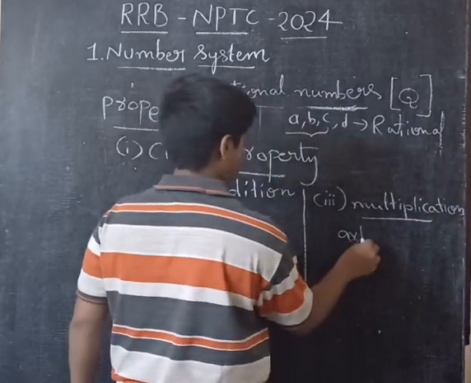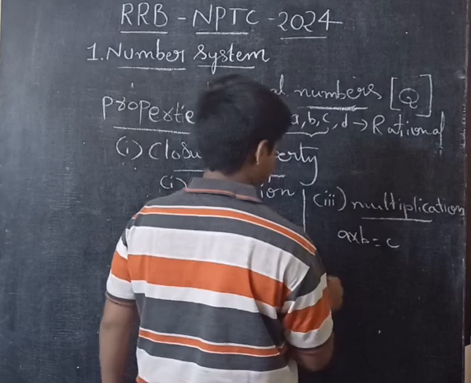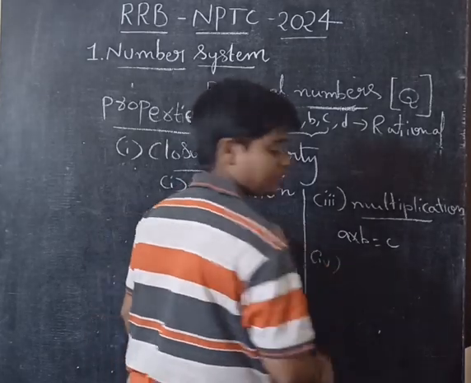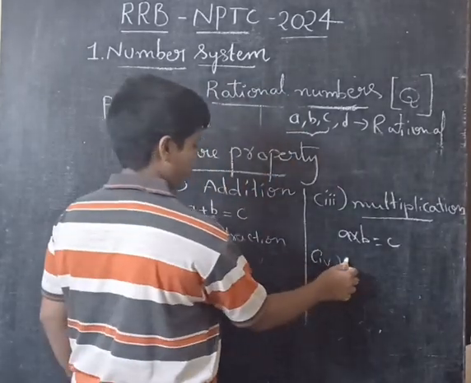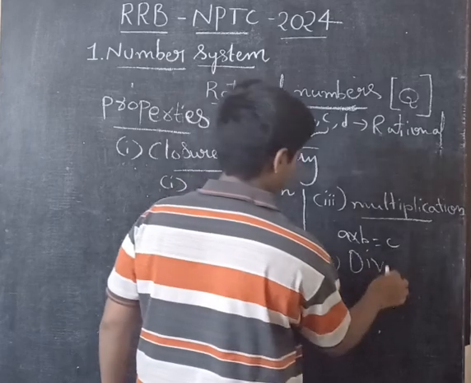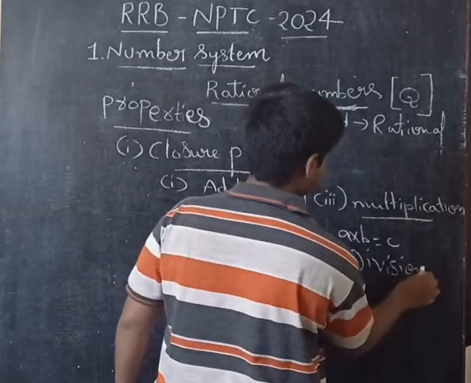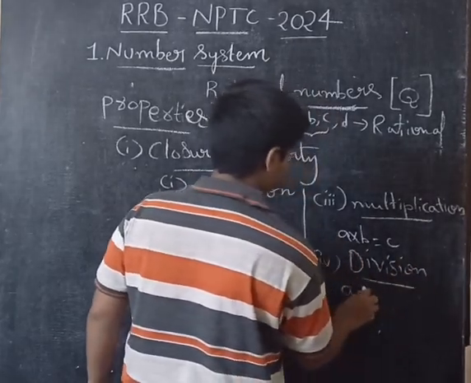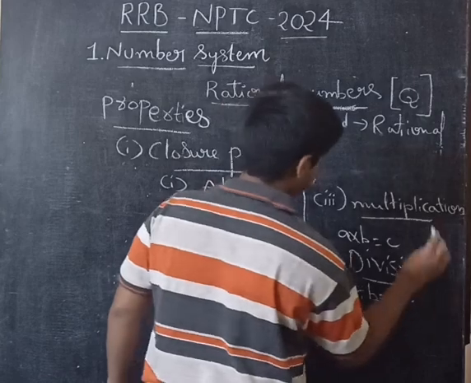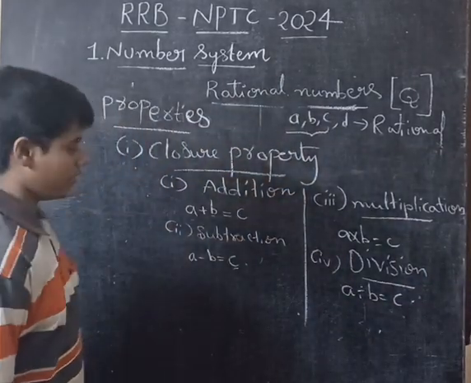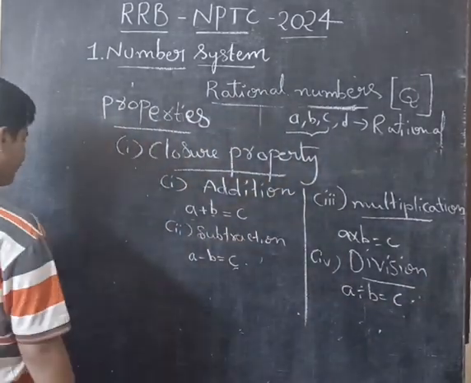A into B always gives C only. And if we see division, A divided by B also gives C only. So this is the closure property.